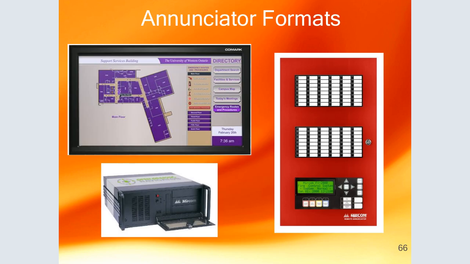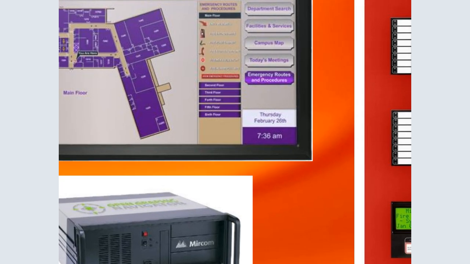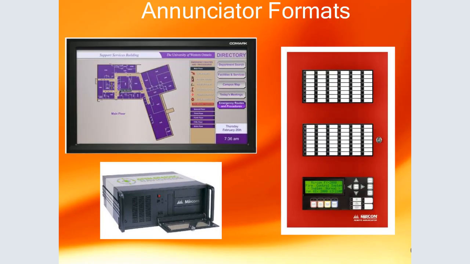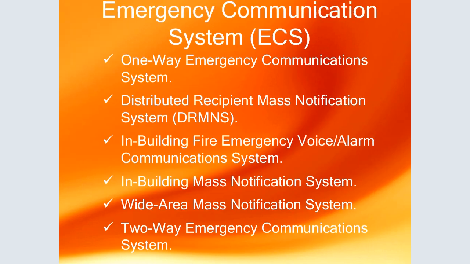The annotator formats, you can see this one, I can give the directory. They can even give the direction of where the building is and the exact room that is on fire. Like we said, the heat detectors are able to even detect and give the exact place that the fire has broken out.